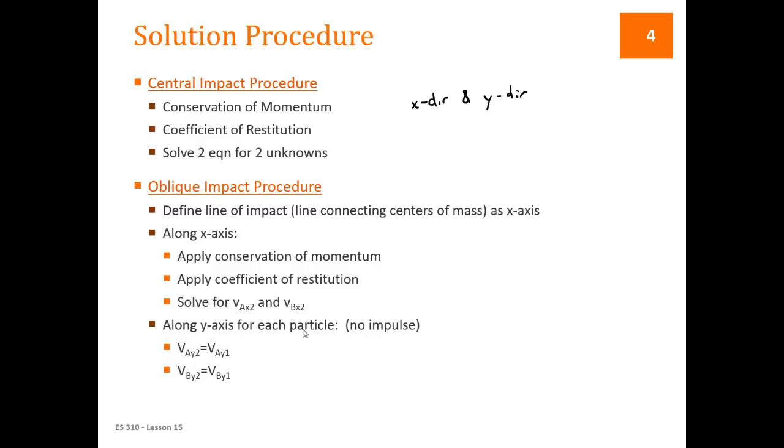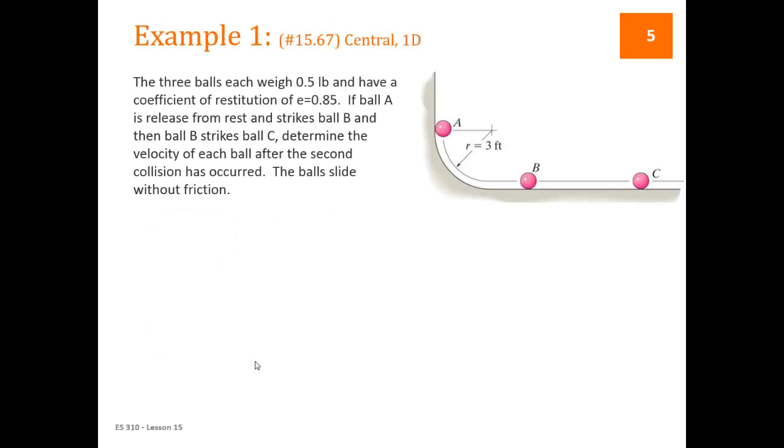In the y direction, there is no impulse, right? Because all of the impulse is happening along the line of impact, which is the line connecting the two centers. And so there isn't going to be a change in velocity. So let's take a quick example of this.